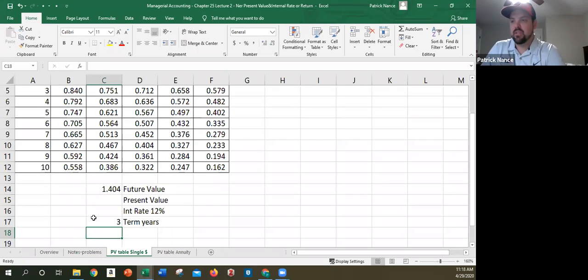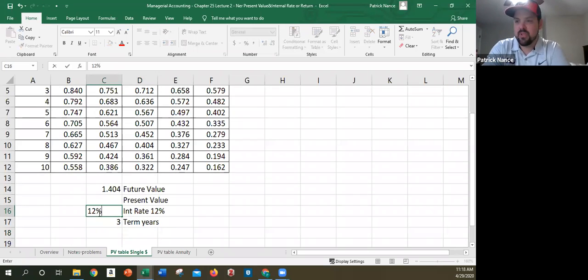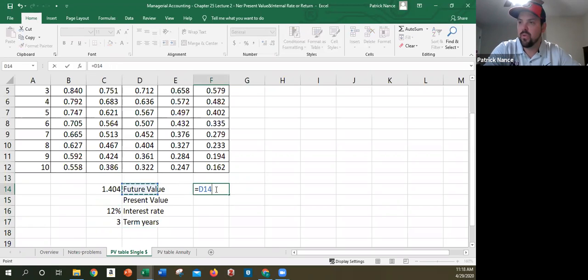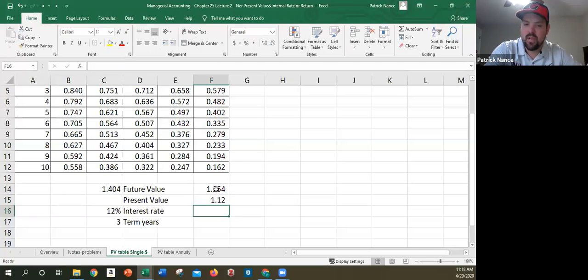All important things. 12% interest rate. What's its present value? Well, what I can do is take this 1.404 divided by 1.12, take that number again divided by 1.12, and take that number again divided by 1.12. Notice I did it 3 times, 1, 2, 3 years, to get back to the present value of $1.